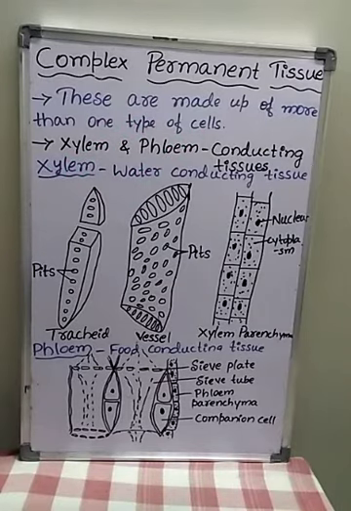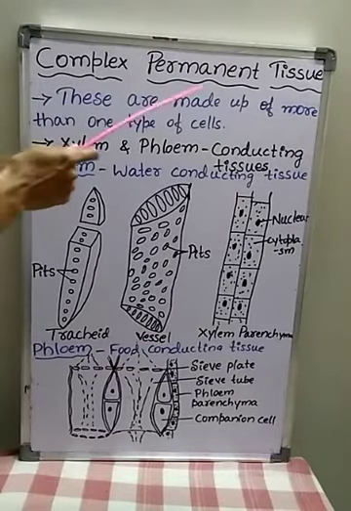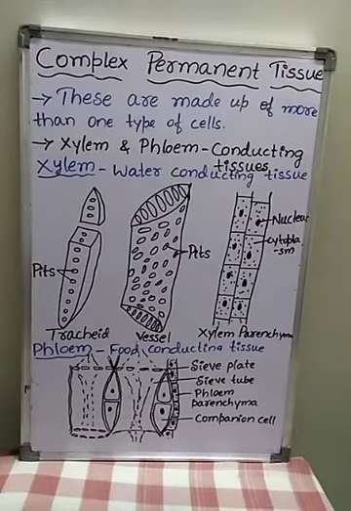But in complex permanent tissues, all the different types of cells coordinate with each other to perform a common or single function. There are two complex permanent tissues, xylem and phloem.